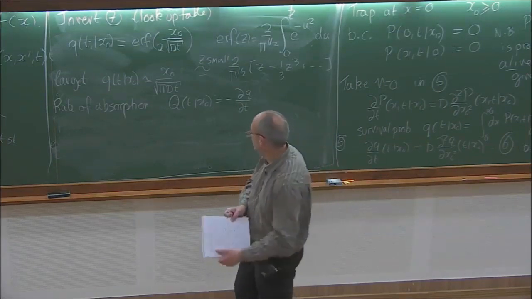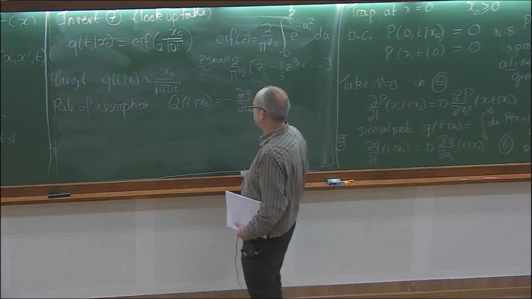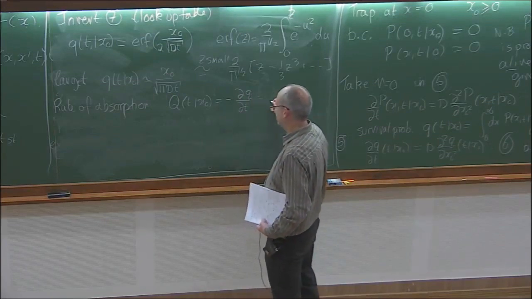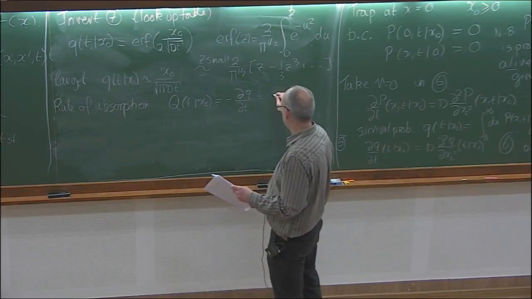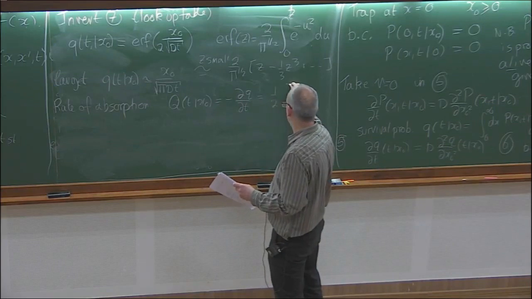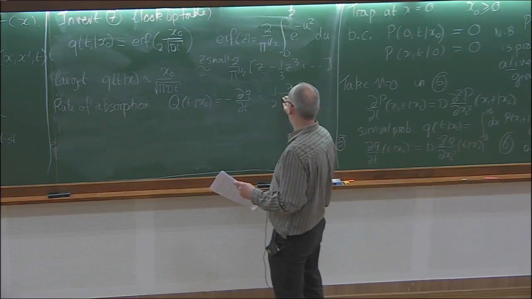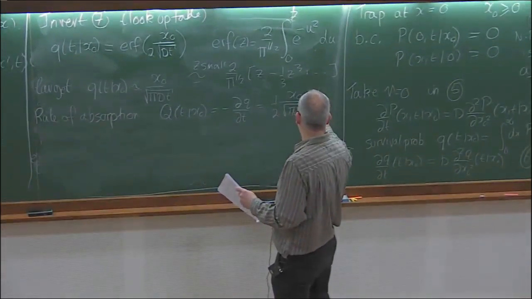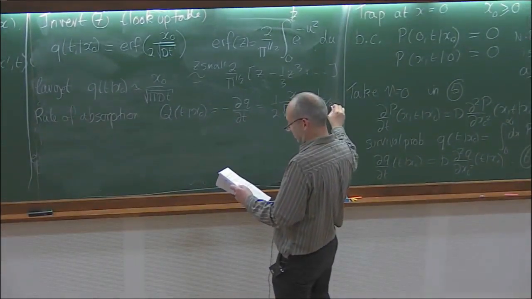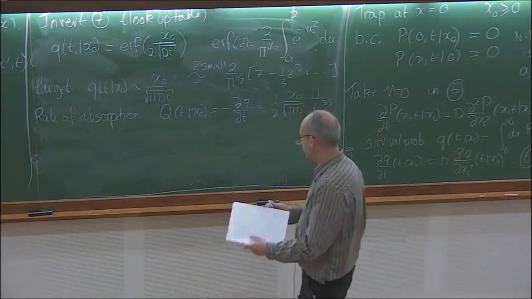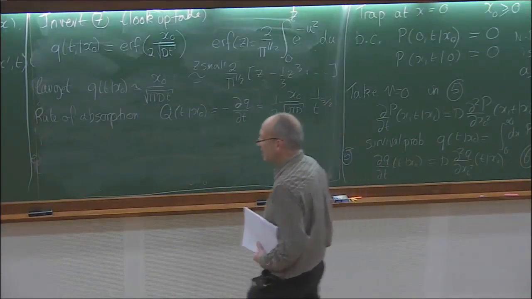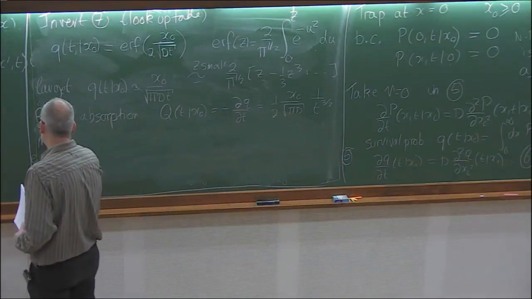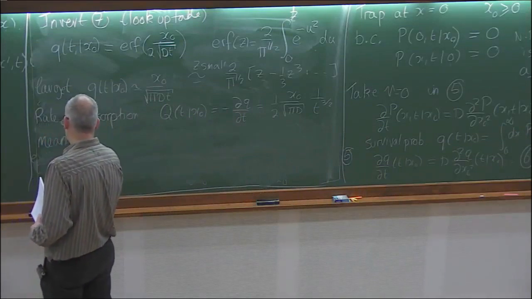So it's minus dQ by dt, so it's easy to take the derivative. And I'm going to get 1 over 2 x naught over root pi D. So let me emphasize it's 1 over t to the 3 over 2. So then, the mean time to absorption.